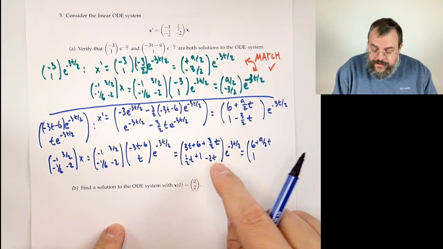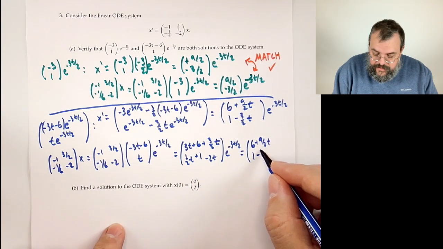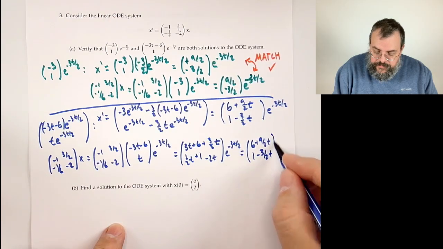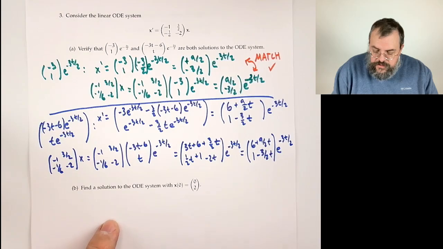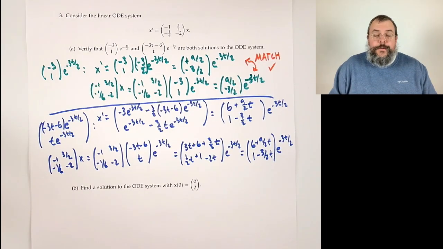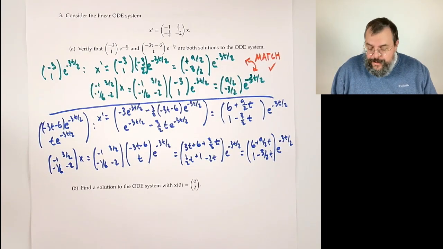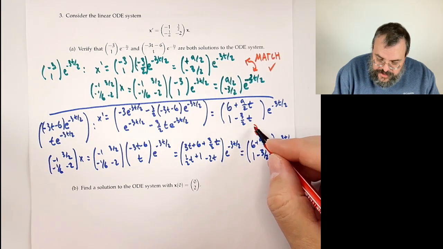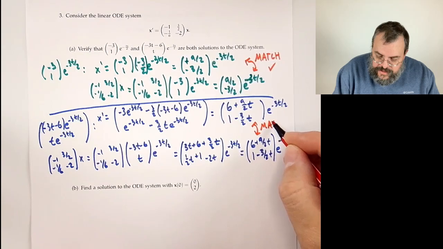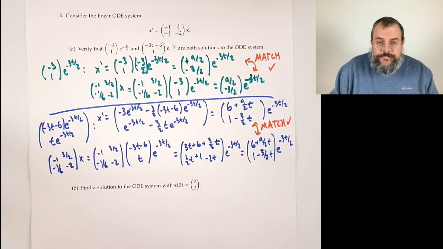A half minus 4/2 is -3/2. And that's e to the -3t over 2. And now we say, okay, what happens? We stare at these, and we don't have to stare very much. We see, aha, they match.